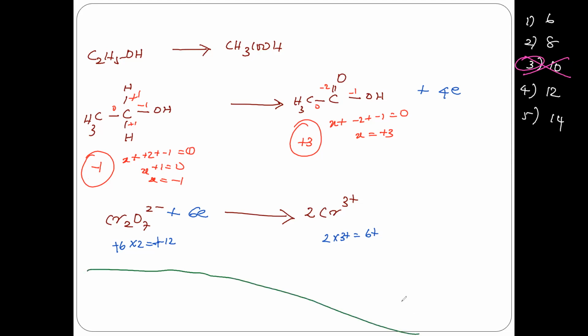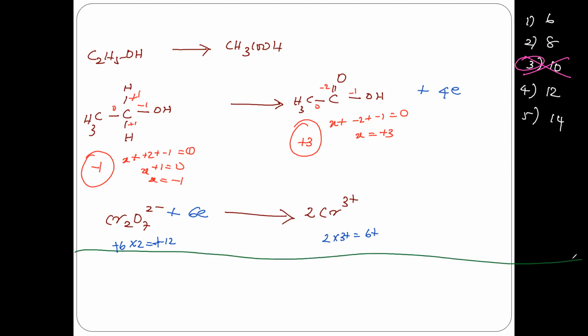So first, right? Okay. So we have to write the answer. Before that, here 6 electrons, here 4 electrons, right? So according to that, we will make it the smallest ratio.